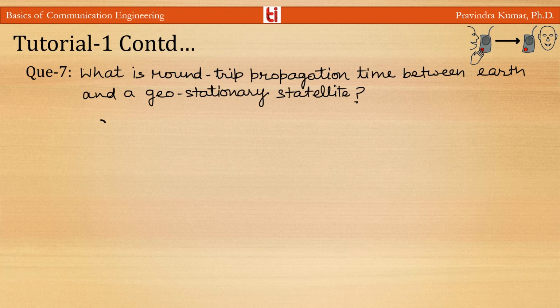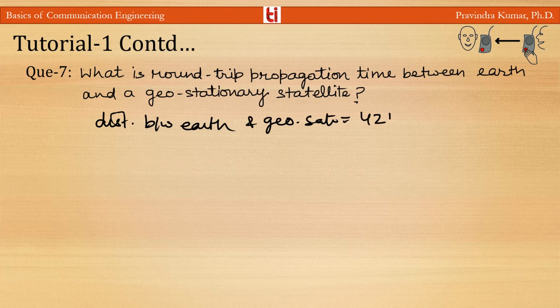Now next question, what is the round trip propagation time between Earth and a geostationary satellite? So you know the distance between Earth and a geostationary satellite is 42164 kilometer. This is distance, and you know speed of signal, it is c, 3 into 10 to the power 8 meter per second.